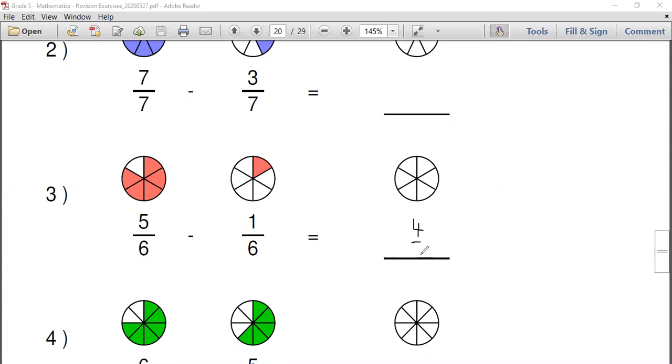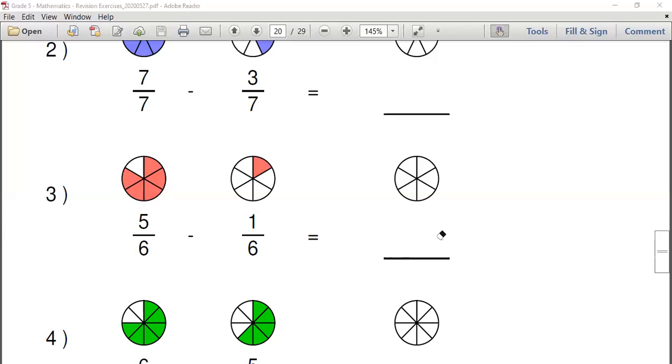Okay, so it's going to be 4/6. And if we draw our picture, we'll clearly see that there is 1/3 and there's the other third. So it is also 2/3. Perfect. Thank you.